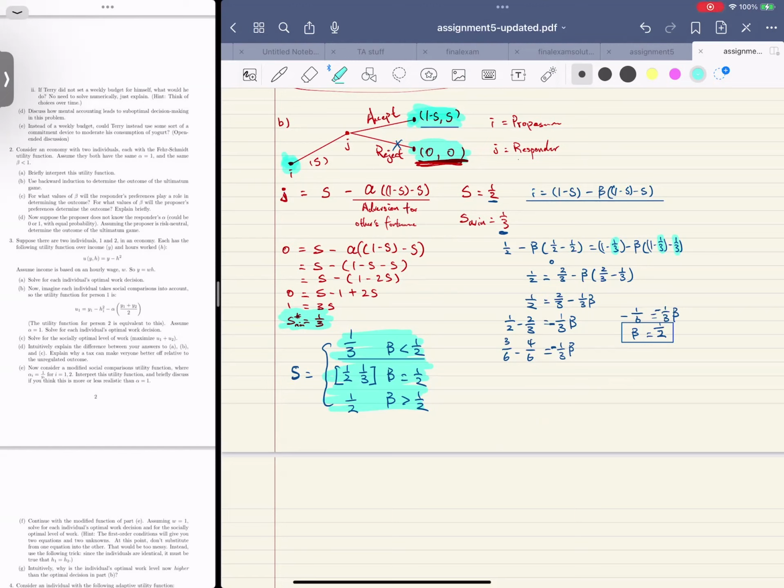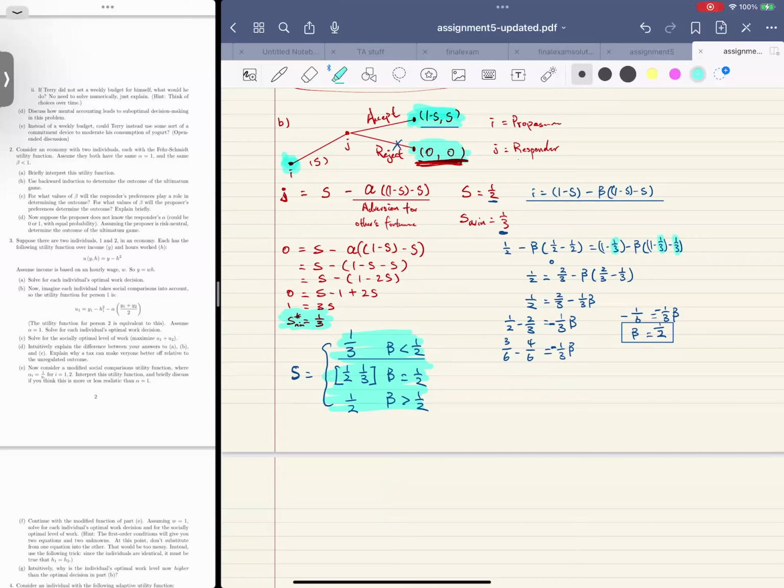So if your S-min increases, so if my aversion to others' fortune becomes less, then I can exploit you more, right?